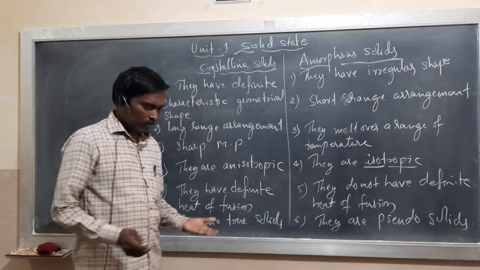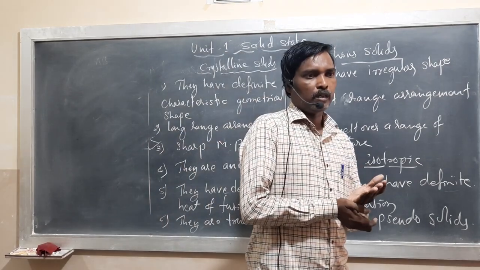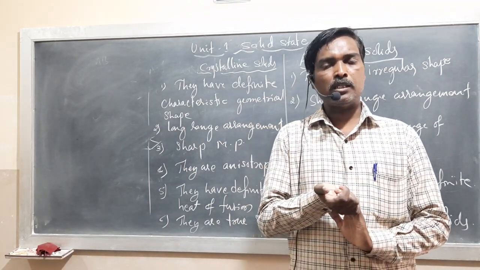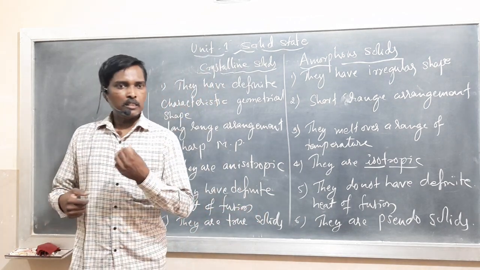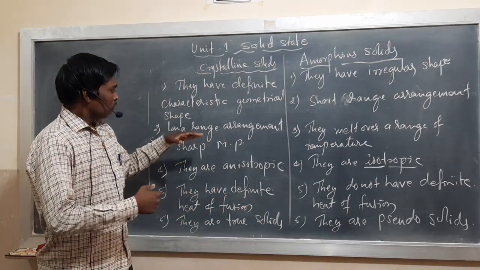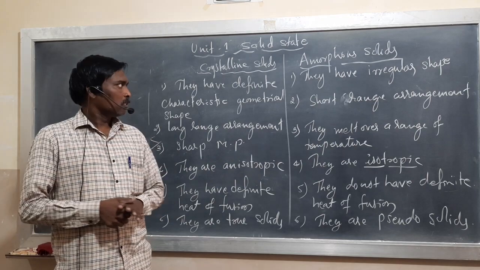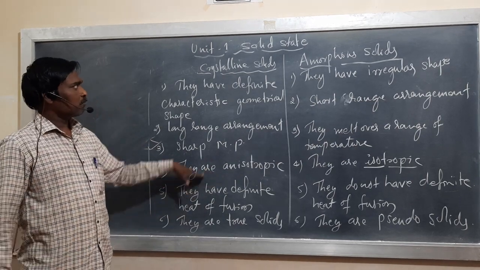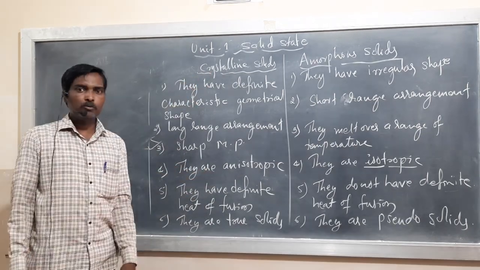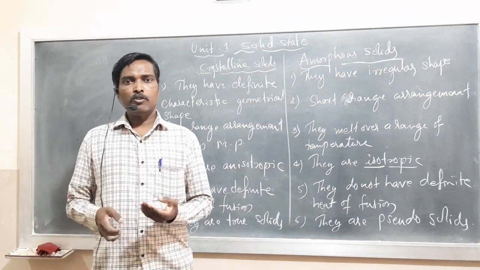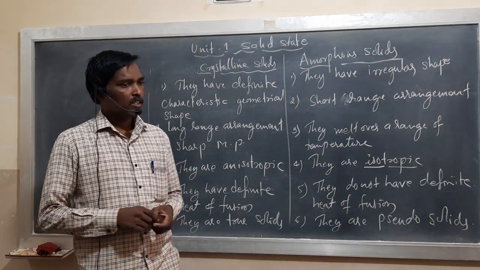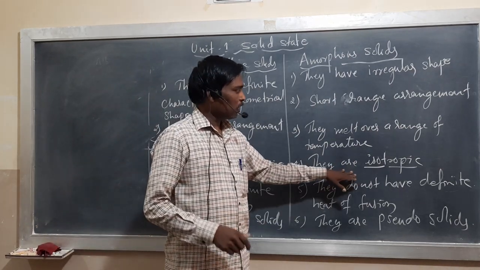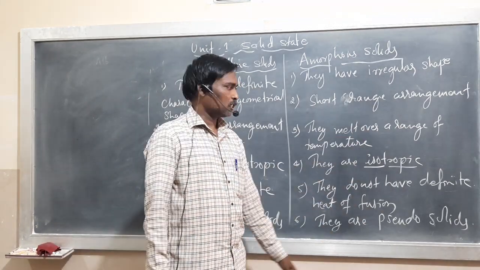These are physical properties, for example refractive index, mechanical strength, or electrical conductivity. When we measure these properties for crystalline solids, they give different values in different directions. Amorphous solids show the same values when measured in different directions.